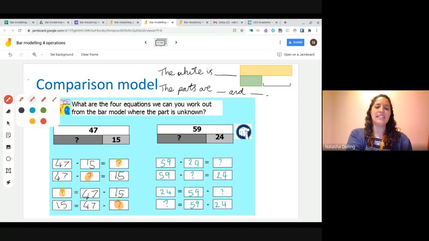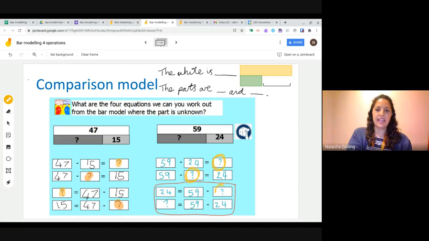And someone has rightly said, or a couple of you have, that these are the most difficult for the children. Let's just have a quick look at where our question mark is in these equations. It's here, it's here, it's here, and it's here. It's actually in every single spot in the equation.